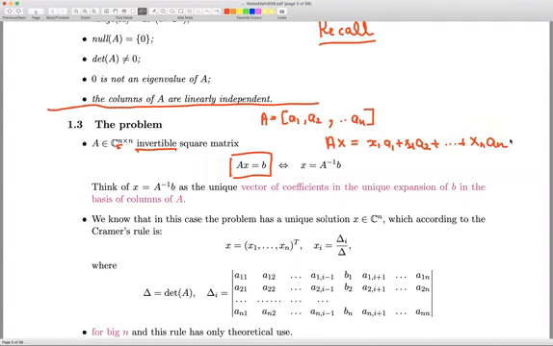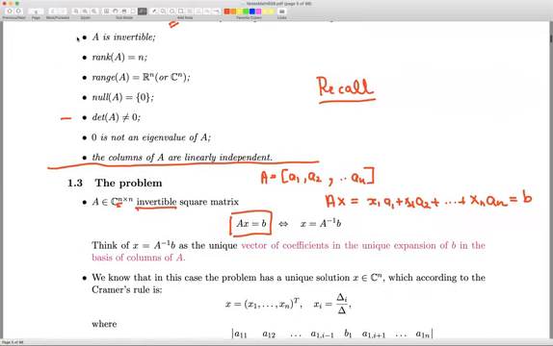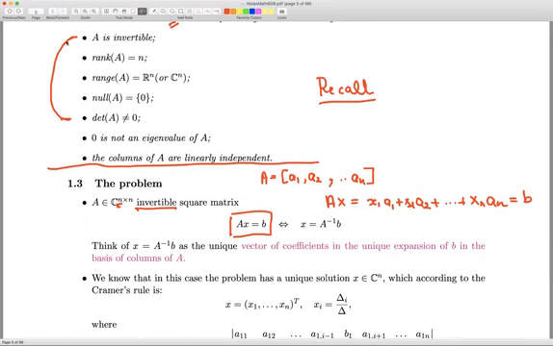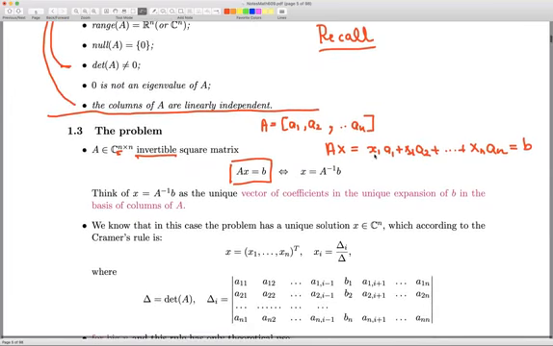And we want this to be equal to b. Now, from our previous theorem, the determinant of A being different from 0 is equivalent to the statement that A is invertible. We know that A is invertible, therefore the determinant is different from 0, and also the columns of A are linearly independent. So these columns A1, A2, and so on are linearly independent vectors in Rn.